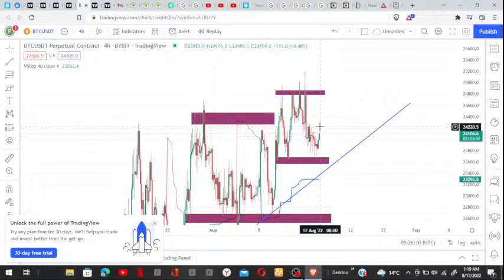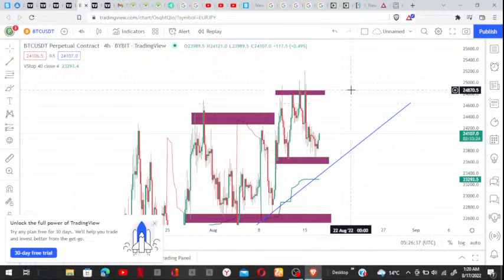Something might happen. It might be able to arrive at this level today, just in case there is a fundamental news that will affect the market. It might get to that level today. But if there is nothing that will push it, or if the financial institutions won't push it to that level, then it may take a few days before coming up to this level, before breaking out, or retesting back to this level.